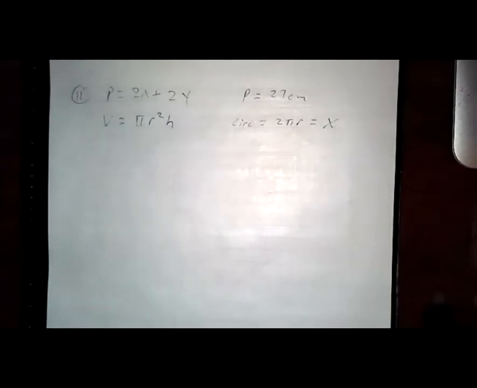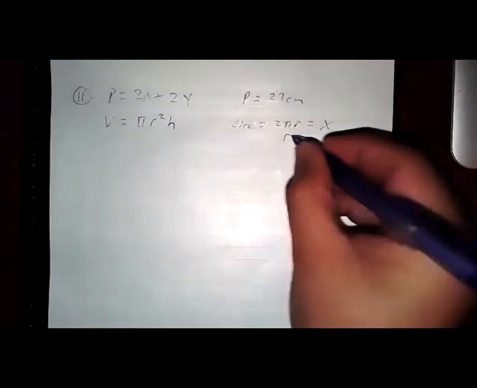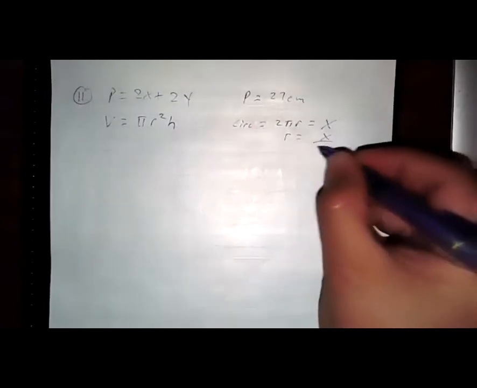They told us in the question that circumference is equal to x, which makes sense because that's the width or length of the sheet. So if I solve for r, do you agree that r is equal to x over 2 pi?